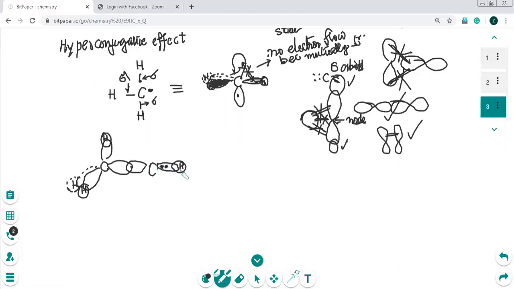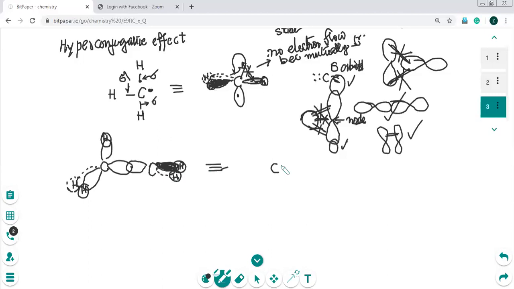We'll put this in the plane, and this one in a perpendicular plane. So we will darken this. Now you have one more hydrogen, one more CH bond behind this. I'll explain to you once. This is the same as this one. These two are the same.